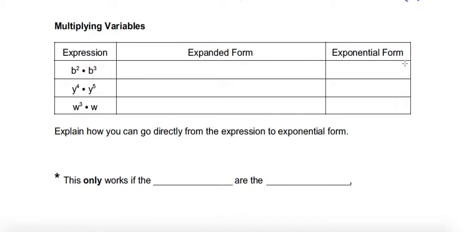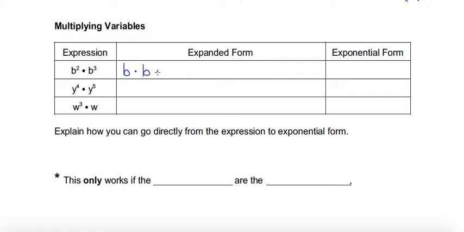You'll notice in these expressions, we have 2 terms being multiplied together, and these 2 terms have what we call the same base, so they have the same letter, the same variable. That's going to be really important. So how do we write b squared? Well, b squared is the same as b times b. How do we write b to the exponent 3, or b cubed?